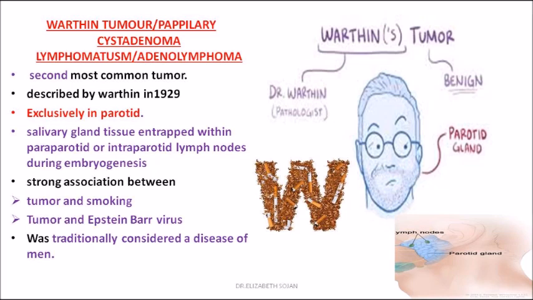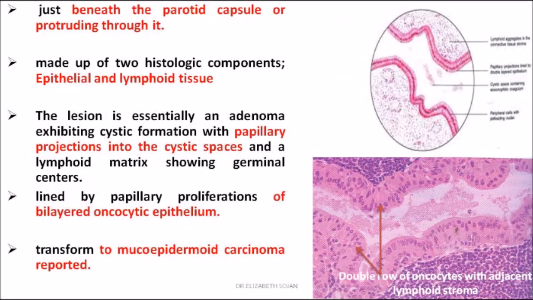Within the salivary gland you have the lymph nodes, and the tumor is within the lymph nodes of the salivary gland. Understood? So because of that, if you cut open a Wharton's tumor, what you can see is lymphocytes, mainly lymphocytes. So Wharton's tumor happens in the salivary gland only because it is associated with the lymph nodes of the parotid gland.